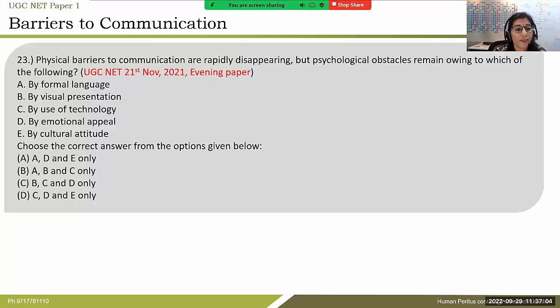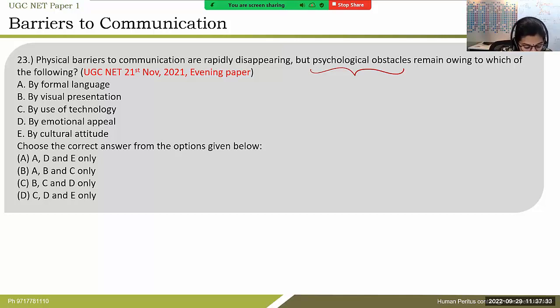Next question. Physical barriers to communication are rapidly disappearing, but psychological obstacles remain owing to which of the following? Formal language, visual presentation, use of technology, emotional appeal, or cultural attitude. It is asking which are the psychological obstacles that remain and cannot be eliminated.